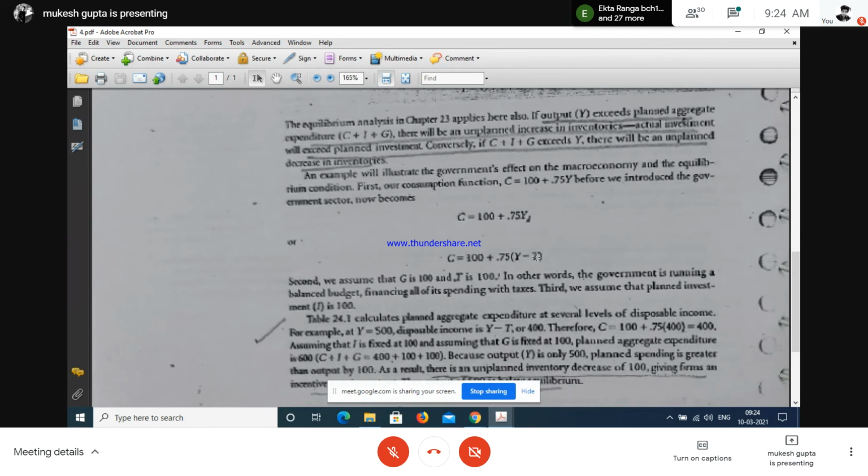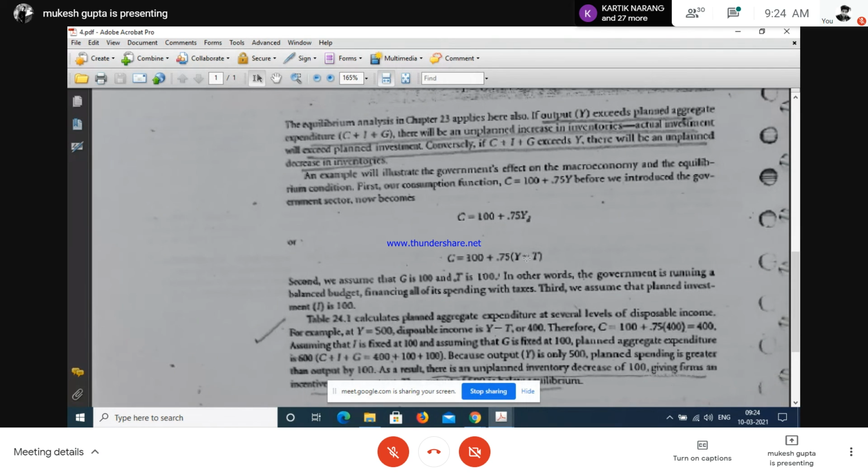Now, if T is changed, suppose T plus delta T here, then consumption will change by minus delta T into that MPC. That will change the consumption expenditure. So that's the thing.